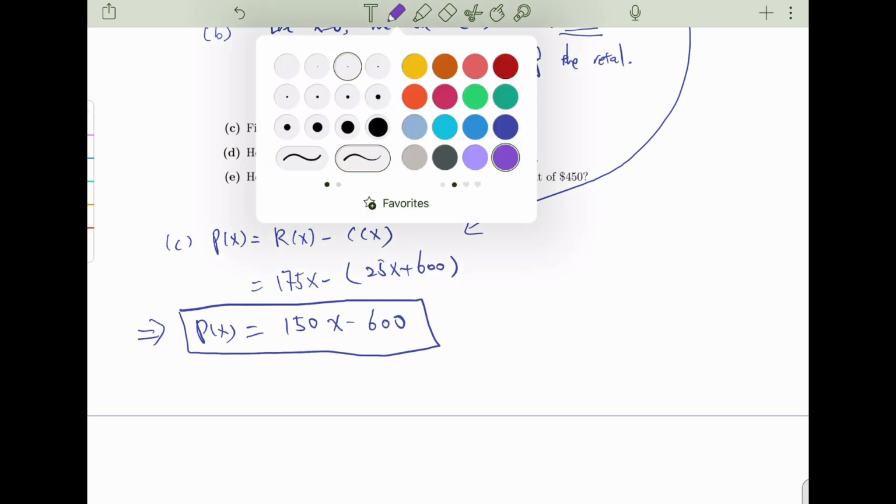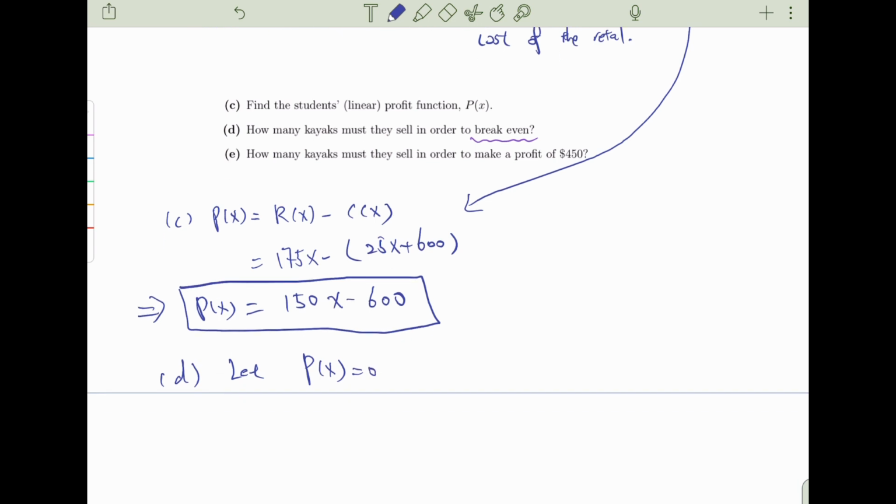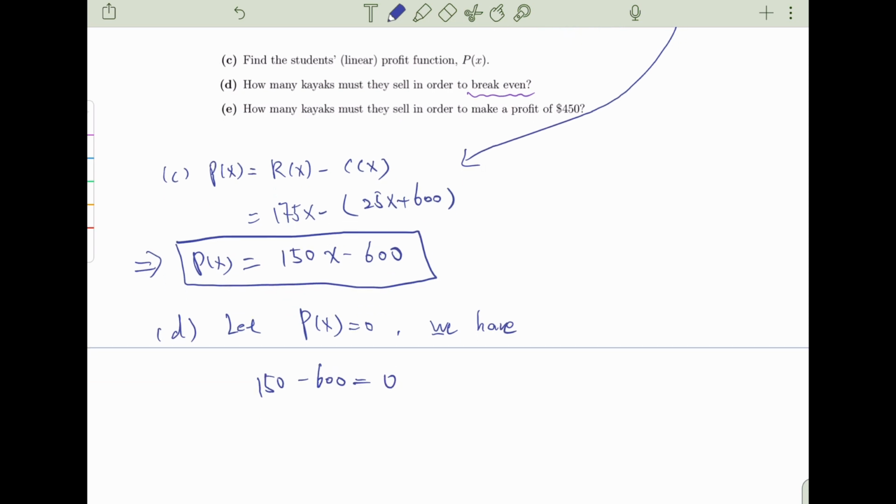You just break even. So for part D here, we will let this profit function equal 0, assuming that we're not making any money, right? The cost is equal to the revenue. So we have this profit function, that is 150x minus 600 equal to 0, which gives us 150x equal to 600, right?